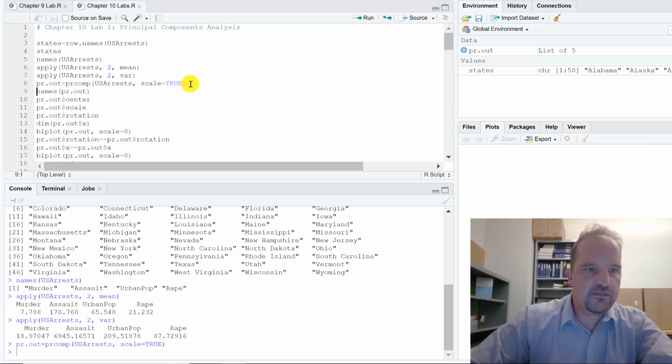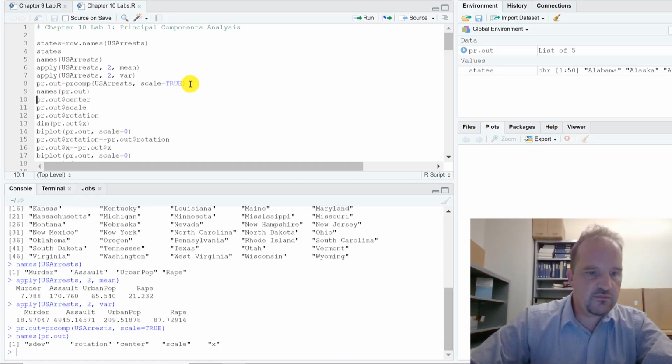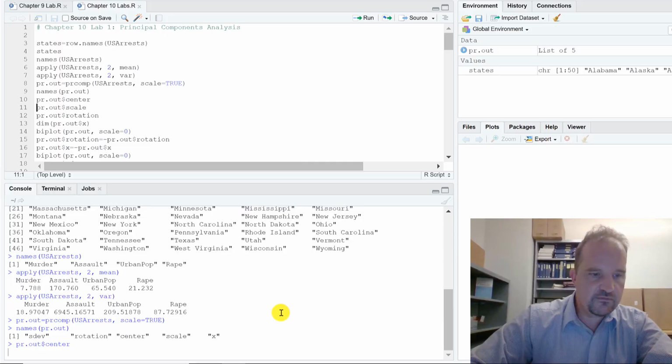And then we can look at the names that are in the principal components analysis output. And so we have standard deviation, we have the rotation, which gives us the information on the rotation from the original feature variables to the PCA variables, and other information about the data.